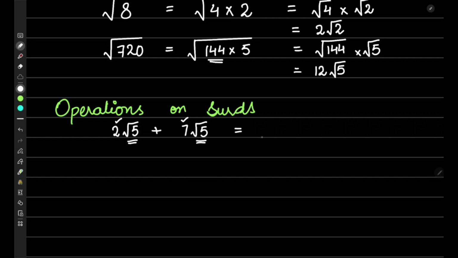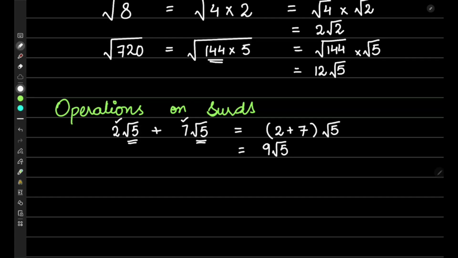So 2 root 5 plus 7 root 5 would be root 5 common, 2 plus 7, and that gives you 9 root 5.